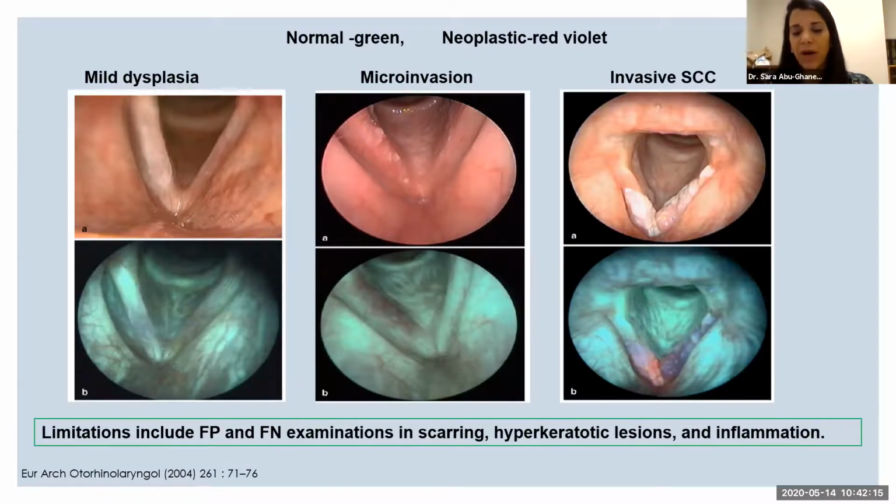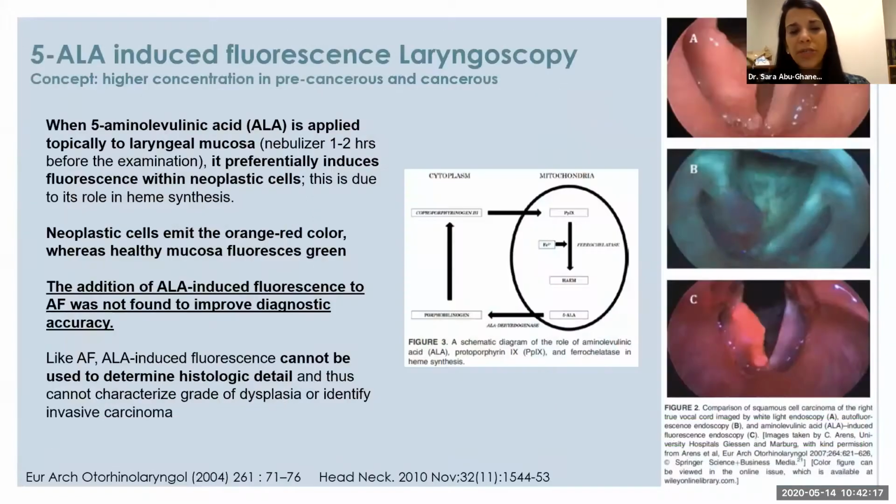So that's a problem. So someone thought, okay, maybe I can help see the autofluorescence better if I just use this ALA compound topically on the laryngeal mucosa, just nebulize the patient before the exam.